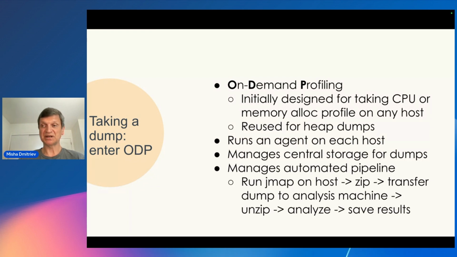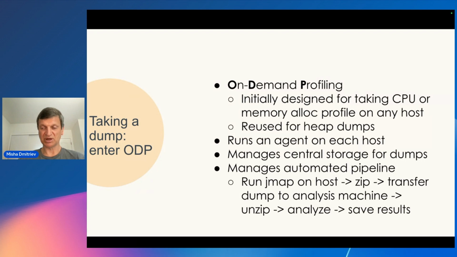It was initially designed for taking CPU or memory allocation profiles on any host, and we reused it for taking heap dumps. This is a distributed system which runs an agent on each host. So, instead of a manual SSH or whatever, you can just send a command to do something on that specific host. This system also has a web UI, and it manages the central storage for these profiles and for heap dumps.